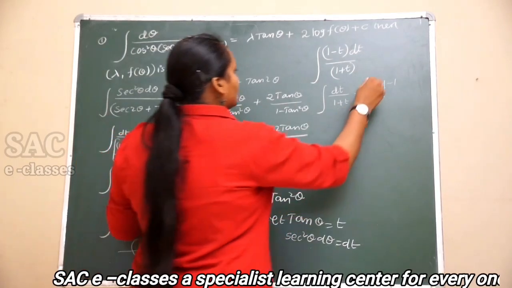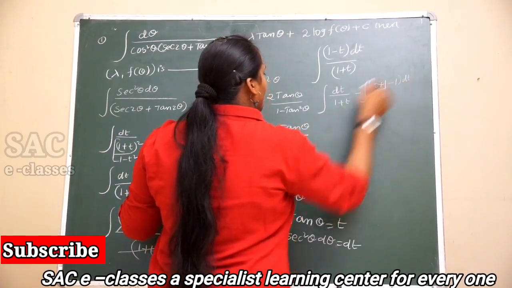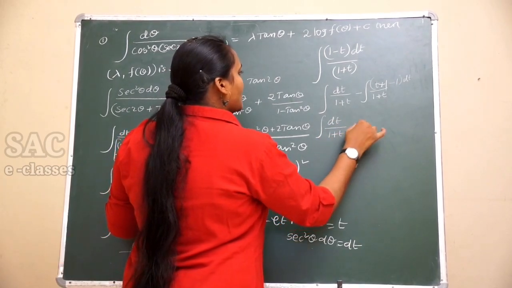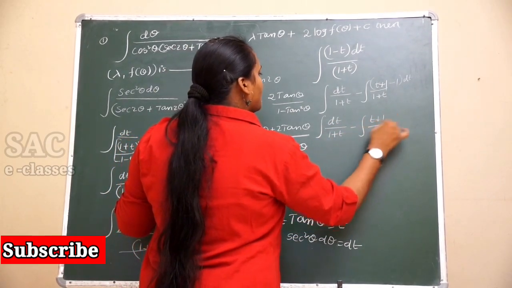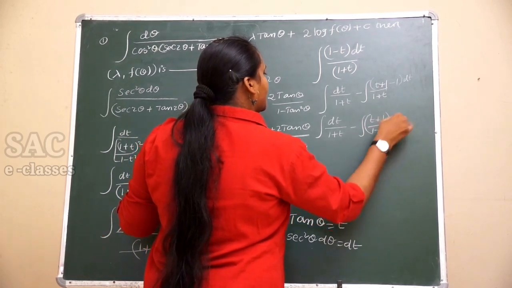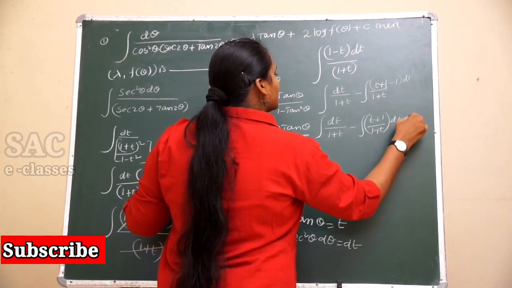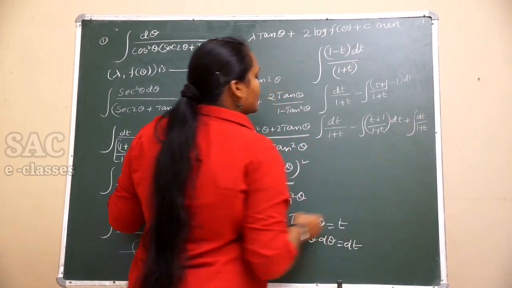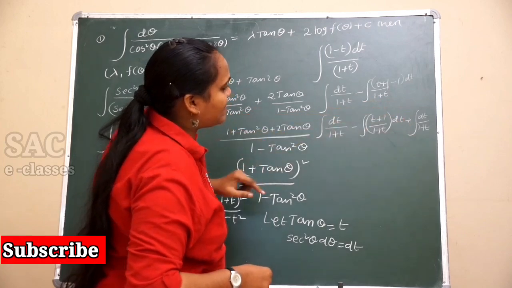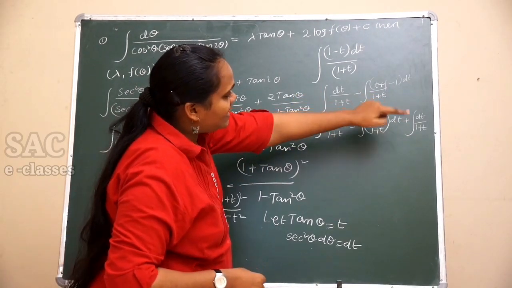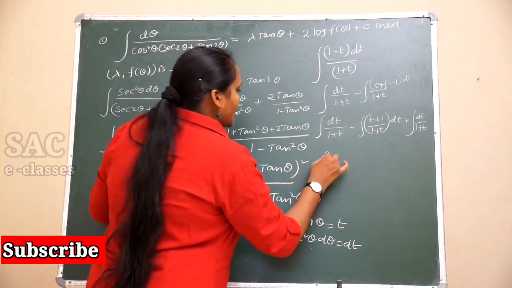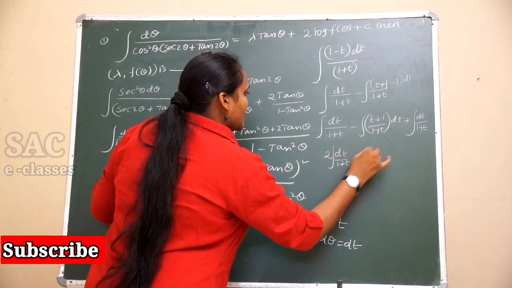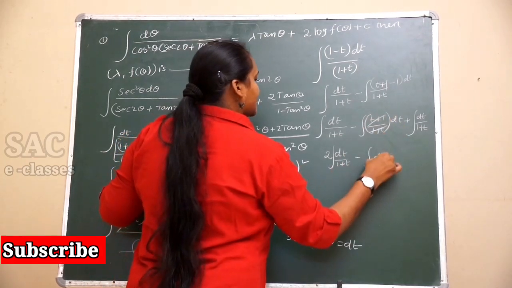So what I have done is I have split and I have added. Now you got dt by 1 plus t minus t plus 1 by 1 plus t into dt, minus into minus, plus dt by 1 plus t. If you have observed clearly, dt by 1 plus t and dt by 1 plus t, we can write as 2 dt by 1 plus t, minus integral dt.